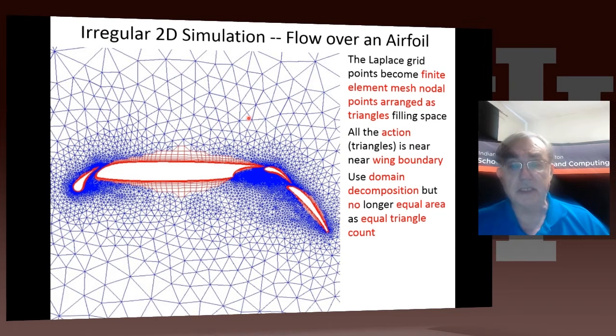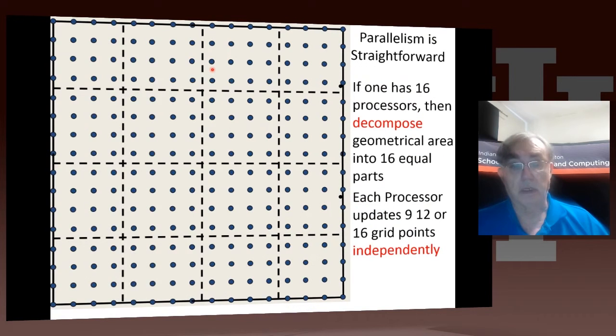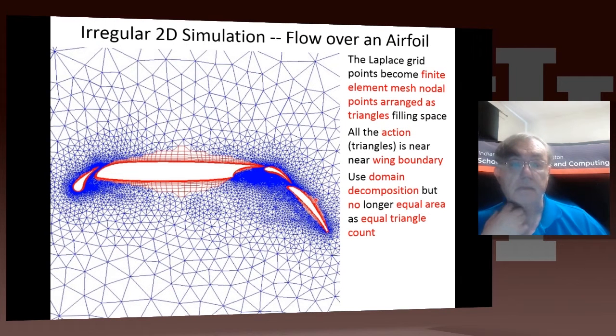Here's a more complex example. Here we have an airfoil, the wing of your favorite aircraft, and you need to try to solve this problem numerically. In the previous case, I had a very simple case where we have regular mesh points, and here we have the same type of issue with irregular mesh points.